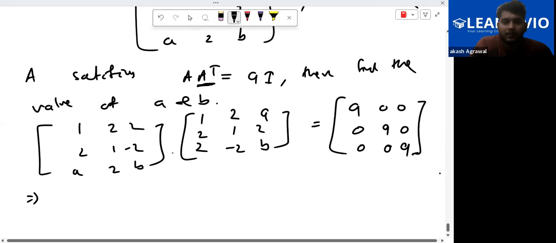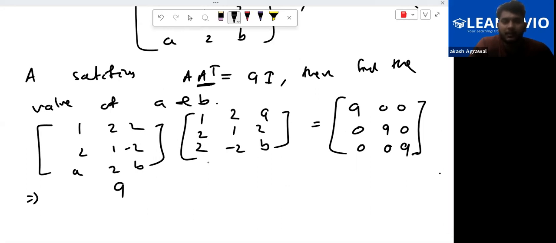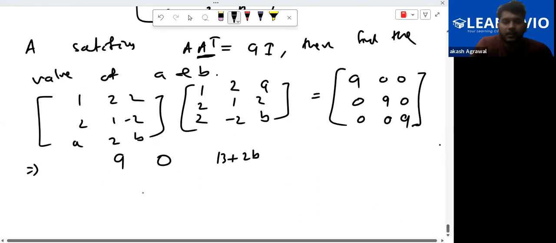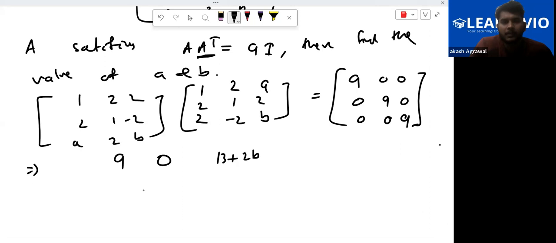So we'll multiply 1 times 1, 4, 4, 8, so this is 9. And this is how much? 2 plus 2, 4, and 4, 0. And this is 9, 4, and 2b. Did I make any mistake?